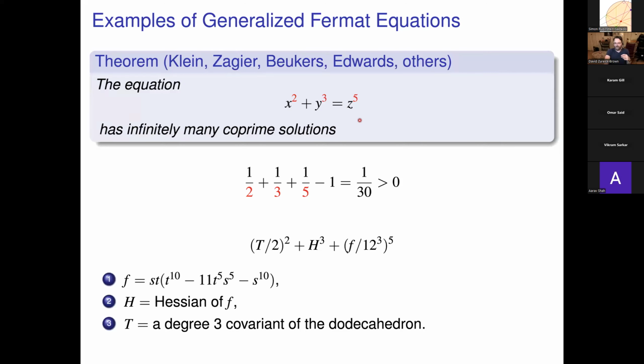And what Edwards proved is that every solution comes from one of these 27. The reason there are so many names attached to it is the first three people got it mostly right, but made some mistakes. And so it was actually an entire PhD thesis by Edwards to fix those mistakes and give a complete proof. So yeah, the Hessian's related to the Jacobian.